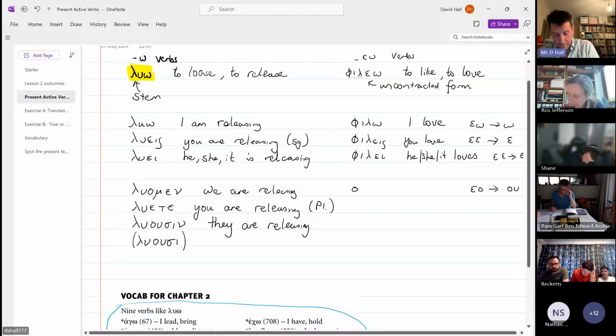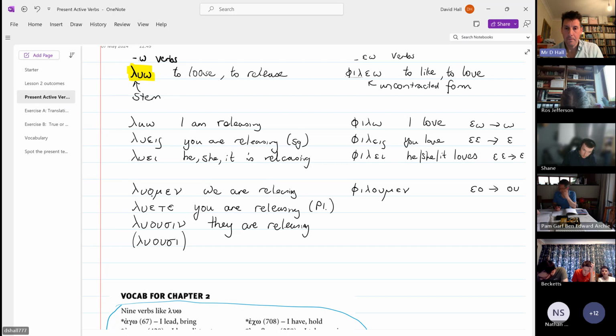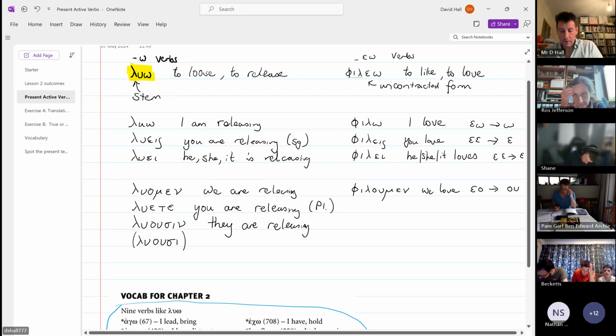We're going to start with our fil, and then the epsilon is going to turn into the omicron and the upsilon. So it's going to look like this. It's going to have filoumen. So notice that you've got this extra little upsilon here, which is different to what happens in luo. It doesn't change the standard meaning of it. It's still we love. It's just that because the verb has this weak epsilon at the end of its stem, it turns this contraction.